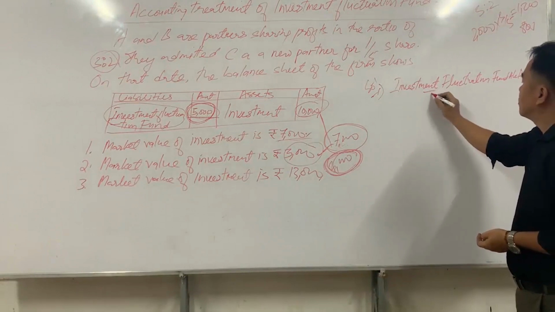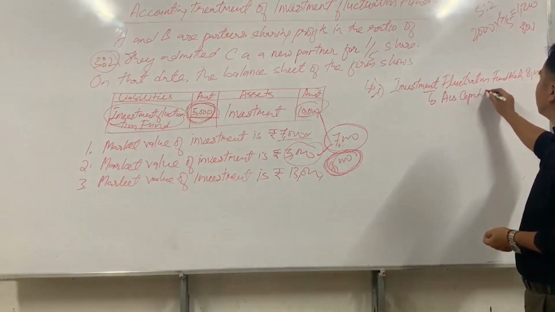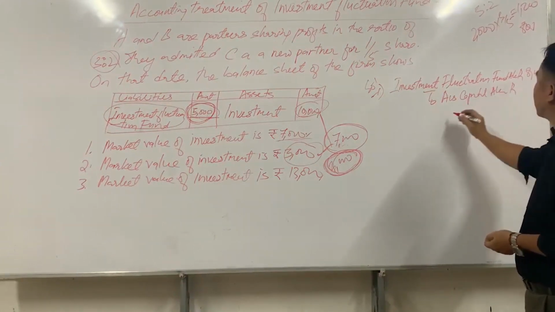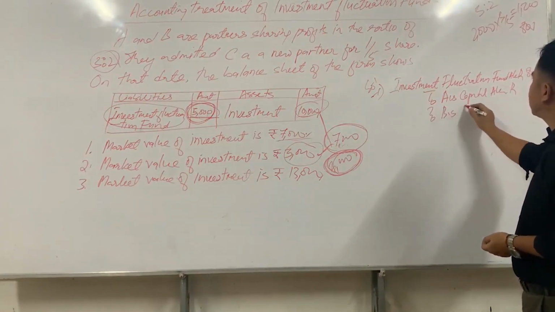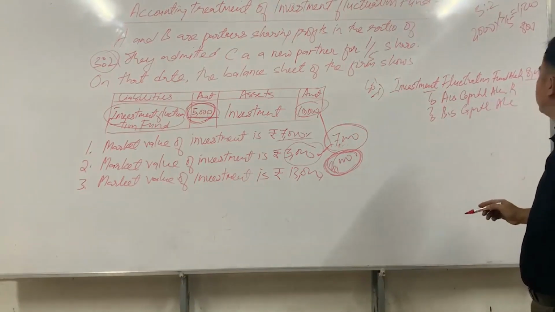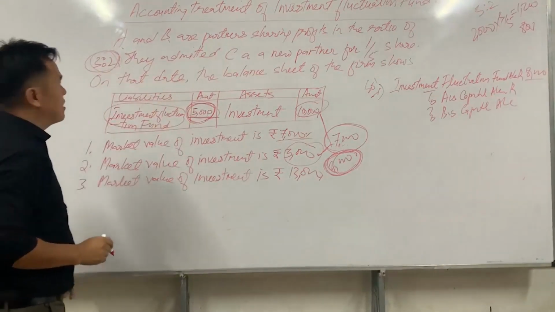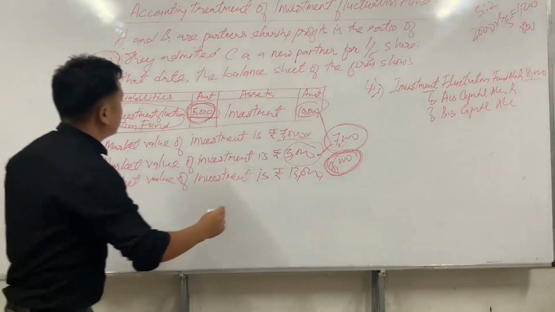All partners' capital accounts. So who are the partners? A's capital account and B's capital account. So 8,000 should be distributed between A and B in their old profit sharing ratio. So what is the old profit sharing ratio?